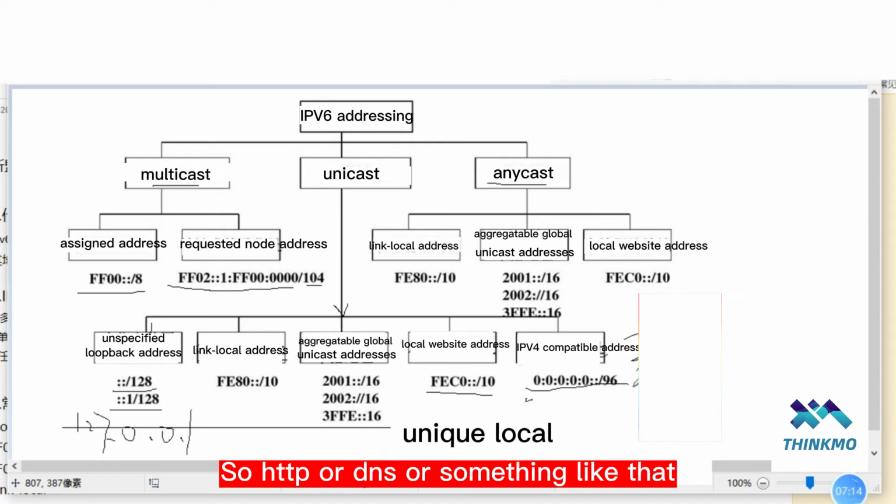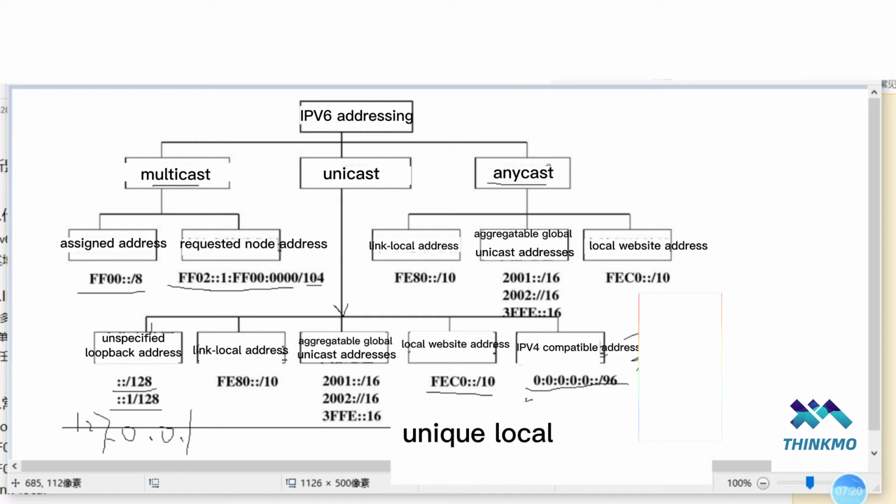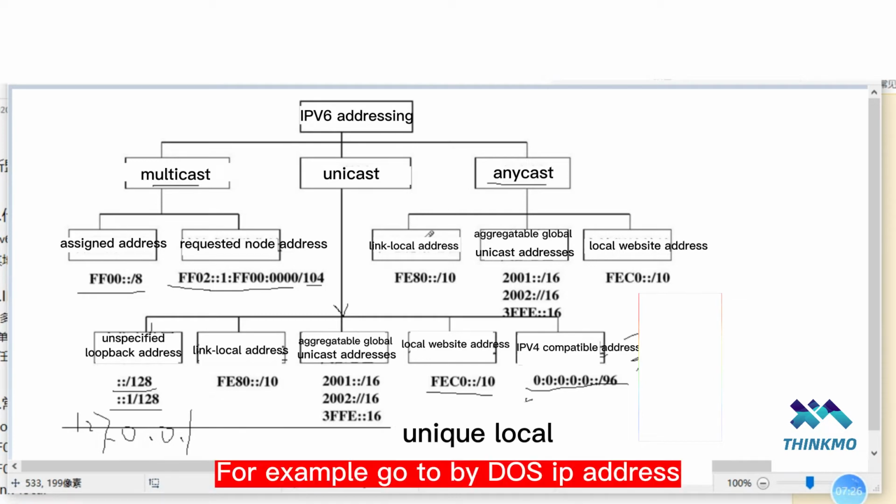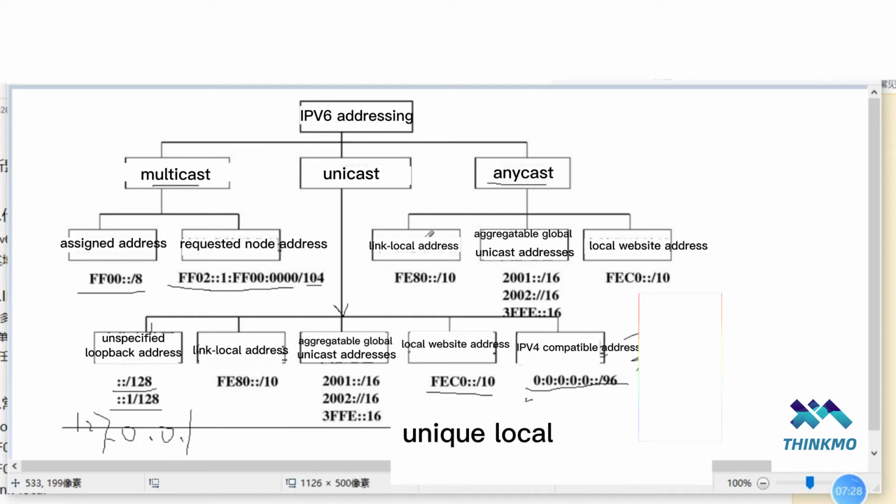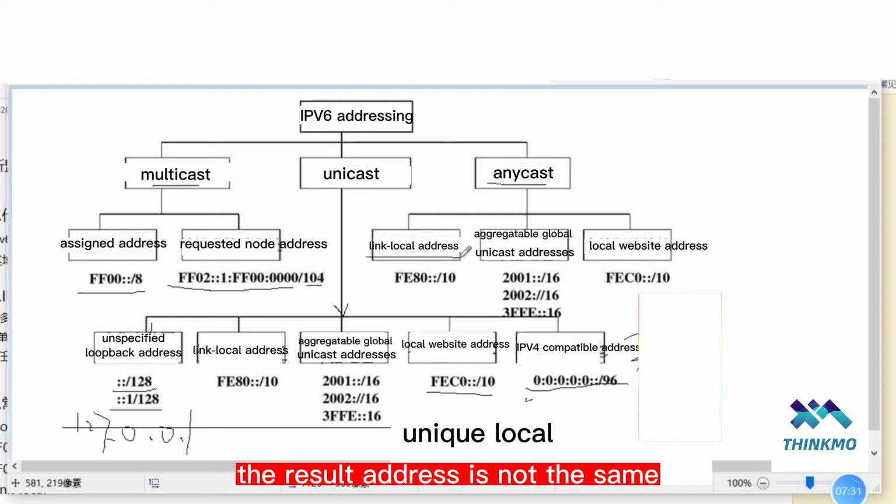So HTTP or DNS or something like that. So what's going on here? In general, we find that it is in a different place. For example, go to Baidu's IP address. The resolved address is not the same.